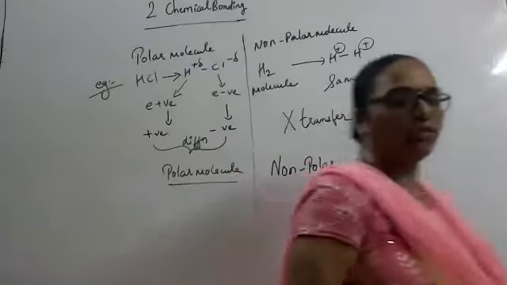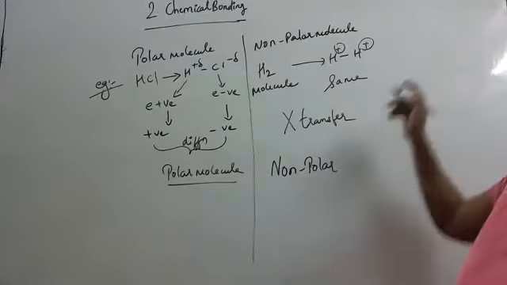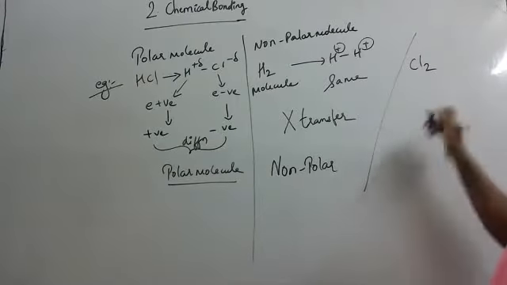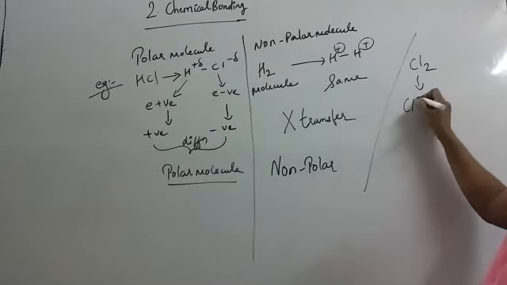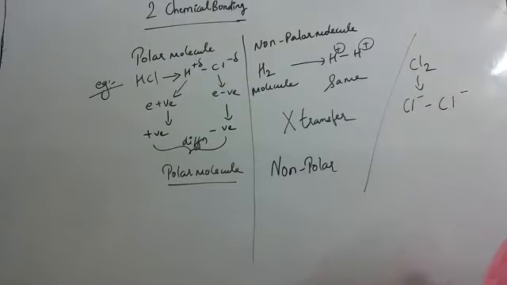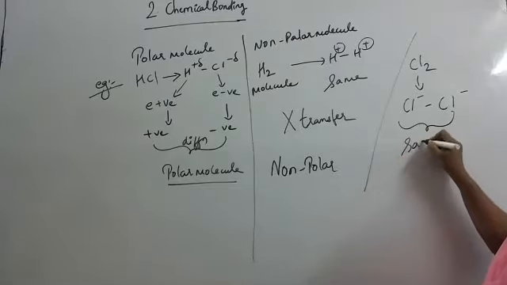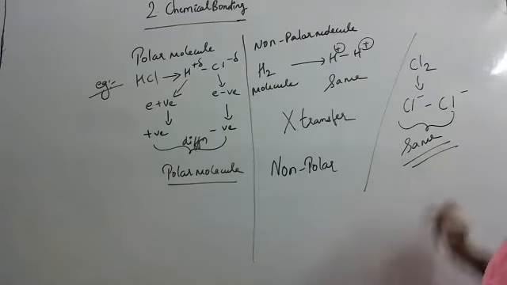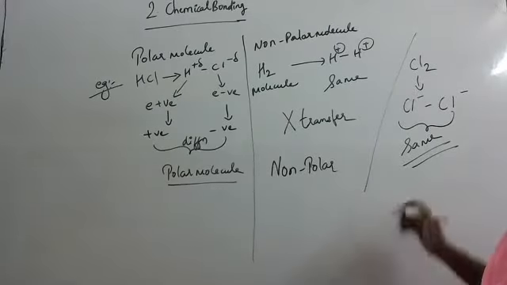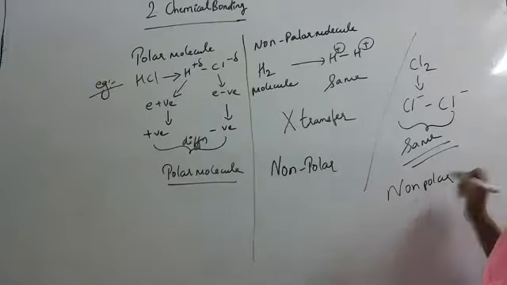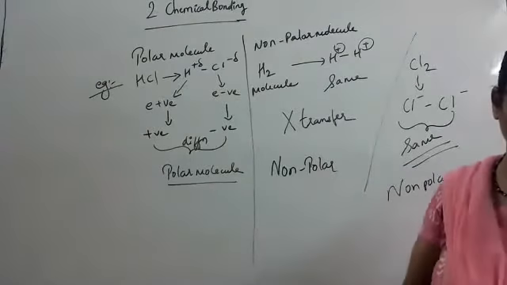Non-polar means two different charges are not there. Same example you can take for chlorine also. Chlorine molecule will dissociate as Cl minus, Cl minus. Again, there are same charges. There is no separation of positive and negative charge. So this chlorine molecule is also non-polar. Understood, all of you? Yes, ma'am.